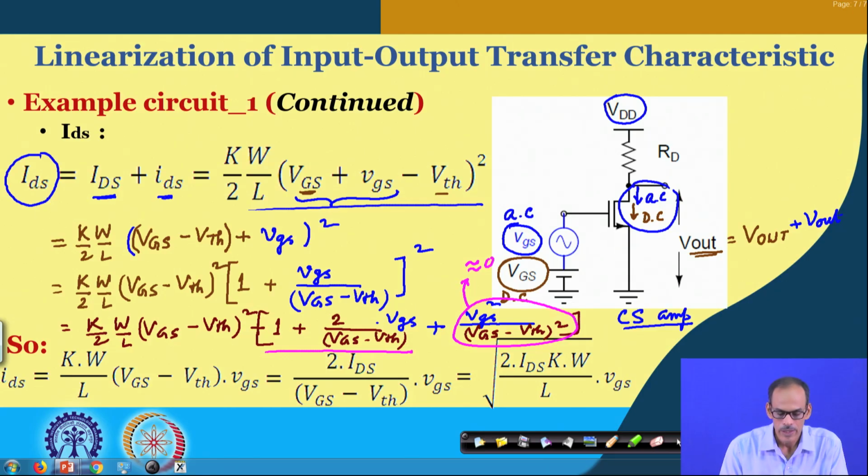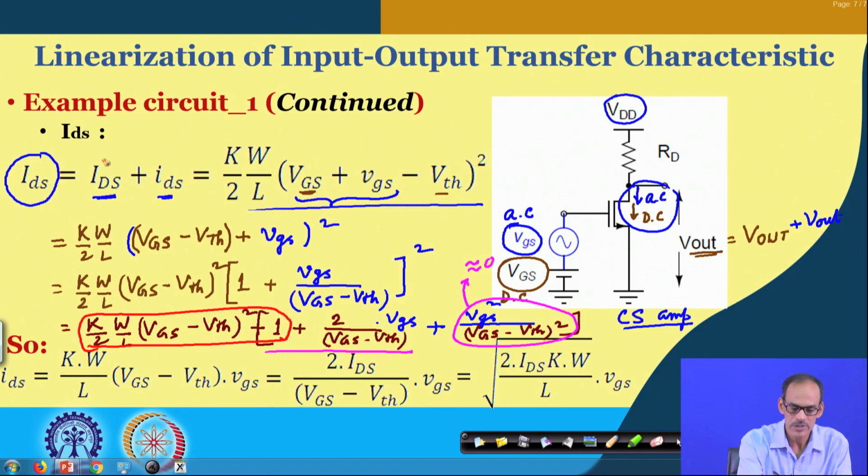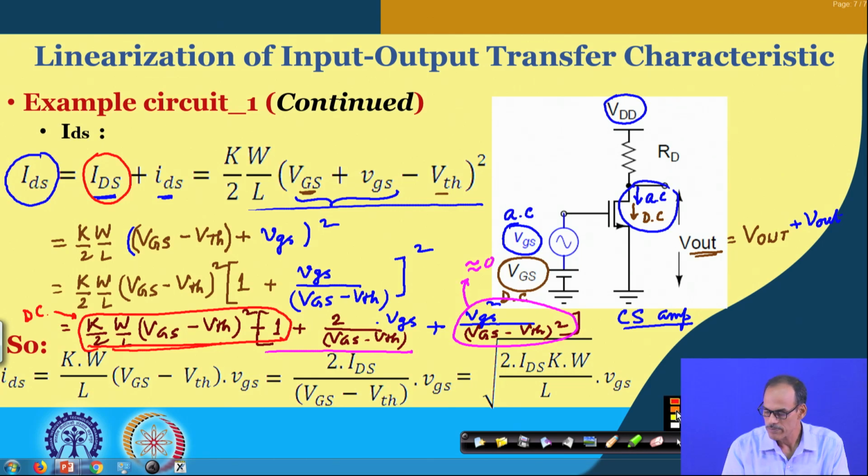If I multiply 1 and this part, that gives us the DC part. And after linearization, if I multiply this part with this part, then multiplied by VGS, that gives us the AC part.